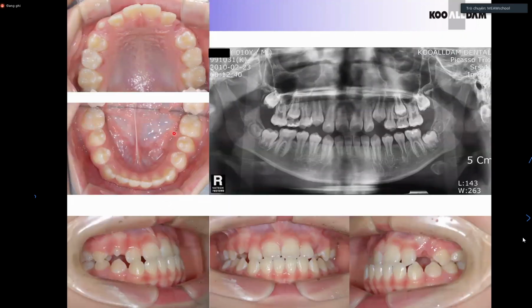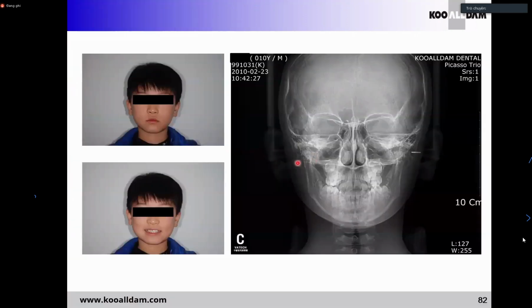In the lower arch, there is no crowding. In the upper arch, there is slight crowding. In the PA view, the midline and everything is okay.